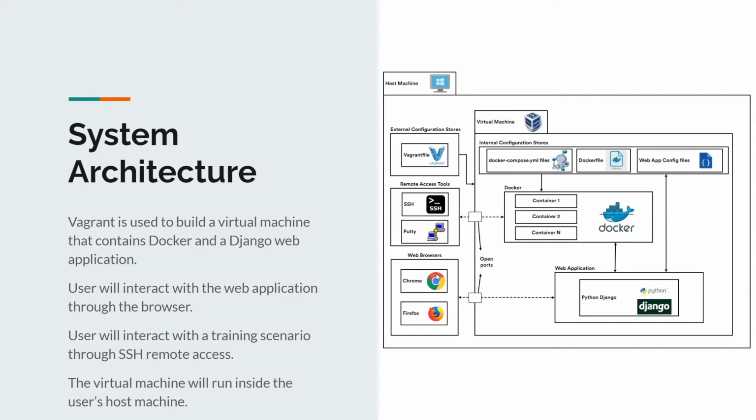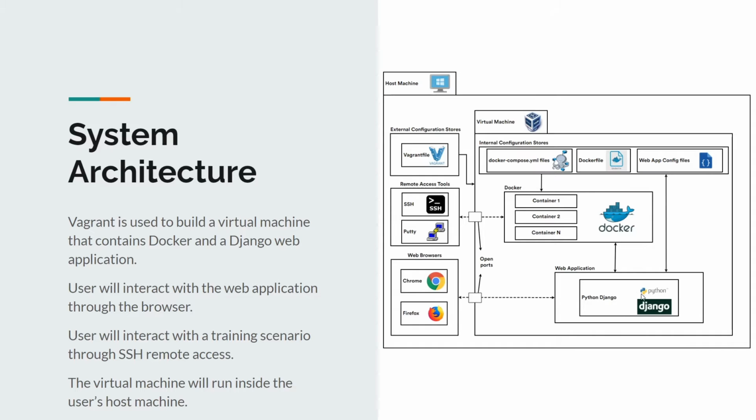So the system architecture basically is as shown in this illustration. It might be a bit overwhelming, but it is quite simple. It is a virtual machine that is running a web application and Docker instances. The web application will be exposed on an open port and can be accessed by the user.